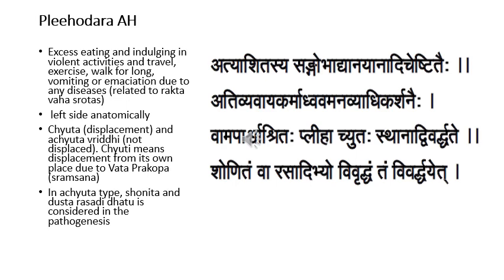In the Achyuta type, Shonita and Dushta Rasadi dhatu are considered the pathogenesis. That means activities or ahara vihara which vitiate shonita and rasa in the sharira, and since the rakta is affected, Raktavaha Shrota Mula is also affected, and as a result the pleha is also affected.